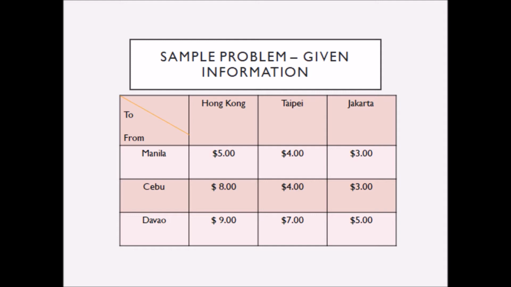From Cebu to Taipei, that's $4 shipping cost. And from Cebu to Jakarta, that's $3 shipping cost. Now, from Davao to Hong Kong, $9 shipping cost. From Davao to Taipei, that's $7 shipping cost. From Davao to Jakarta, finally, that's $5 shipping cost.